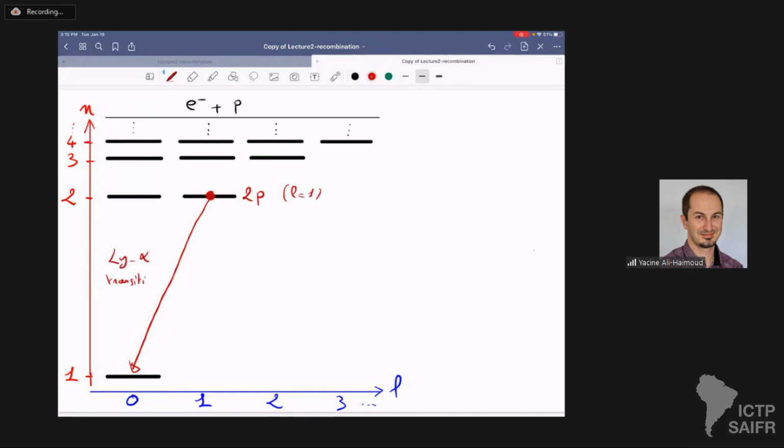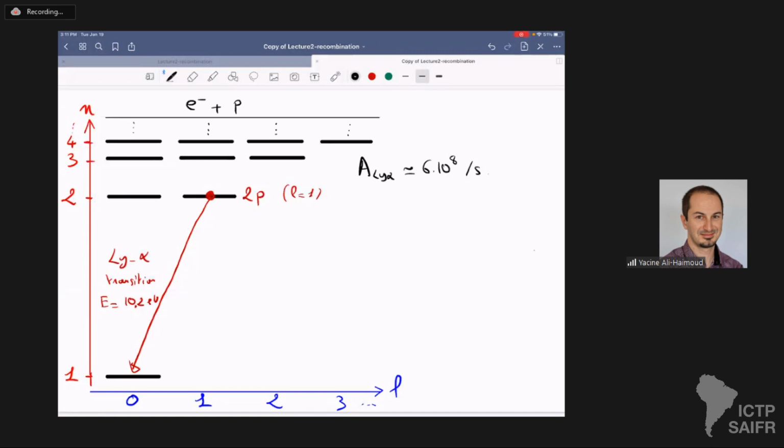This Lyman alpha transition is at an energy of 10.2 electron volts. This is a very strong transition. It has a spontaneous rate, an Einstein A coefficient, of 6 times 10 to the 8 per second.